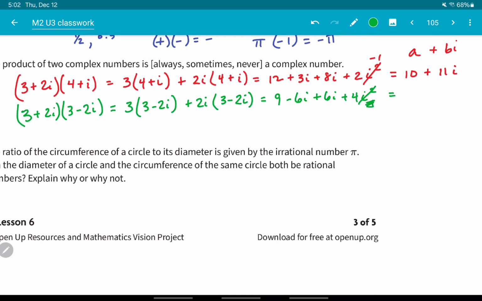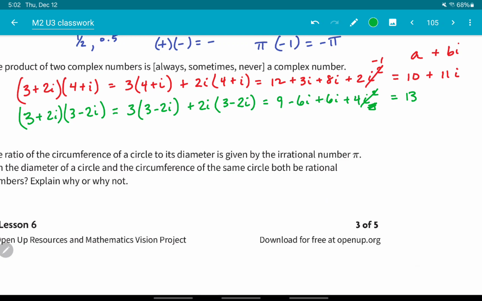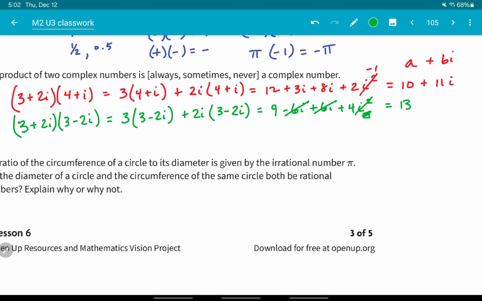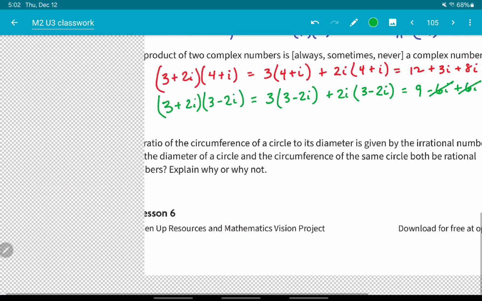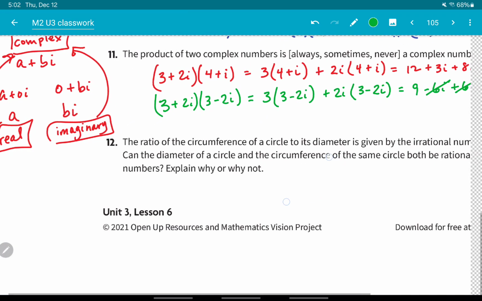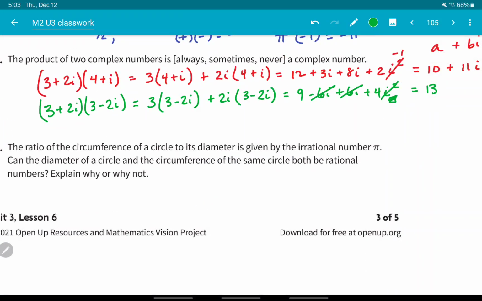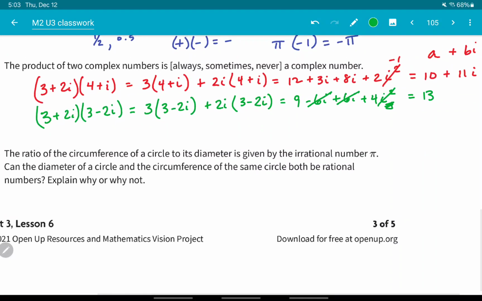So then I'm going to have 9 plus 4 gives me 13, and then the -6i and the positive 6i cancel each other out. So then this is going to be a number in the form of just the a part, which is a real number. But remember, it is also a complex number. So even when I multiply by the complex conjugate, I get a real number, which is a complex number.